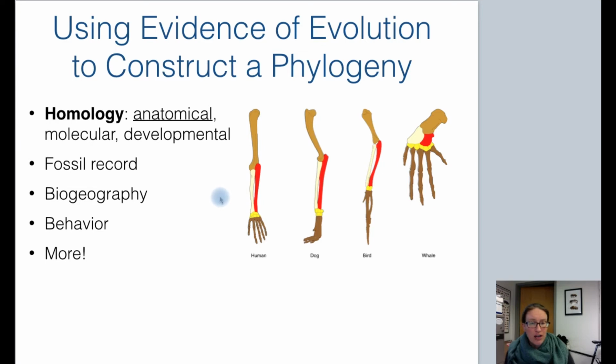If we look across all of those limbs, we see generally the same overall number of bones arranged in the same general position. So two sets of bones in the forearm, and then a set of compact bones in the wrist. And we can even find those in whales as well. So that's an anatomical homology that says this bone structure must be a shared bone structure that comes from a common ancestor.